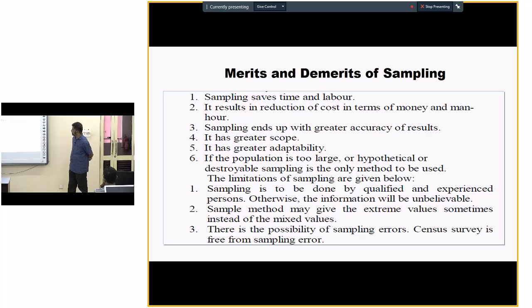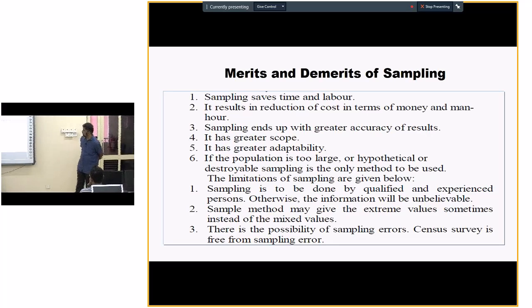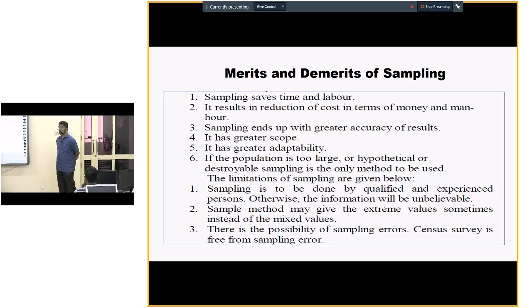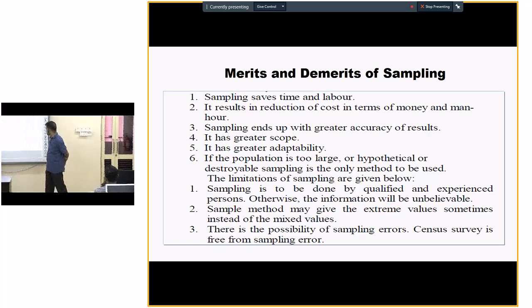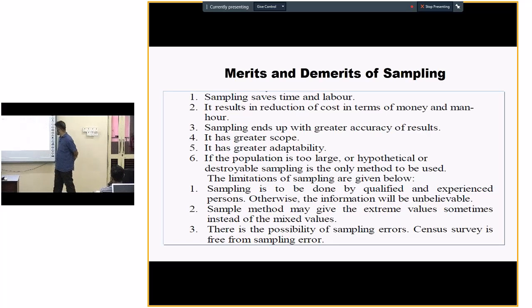Then the sample method may sometimes give extreme values instead of mixed values. There is also the possibility of sampling errors. Census survey is free from sample error, but due to the sample, we can see some sampling error.